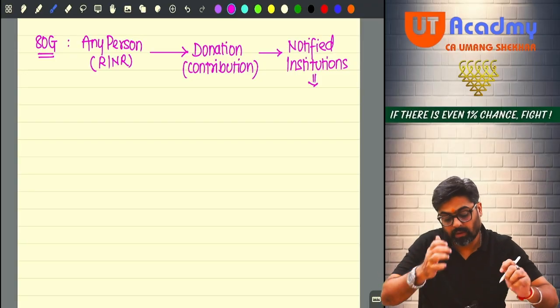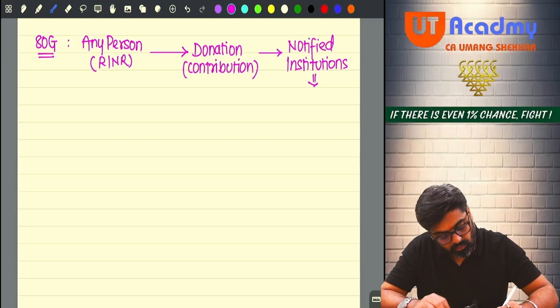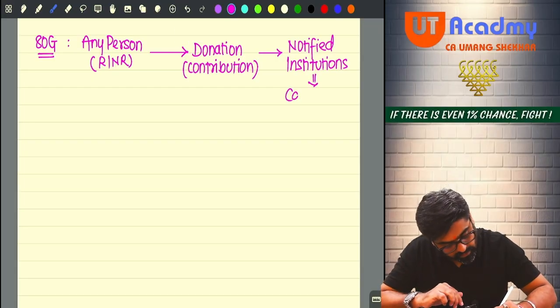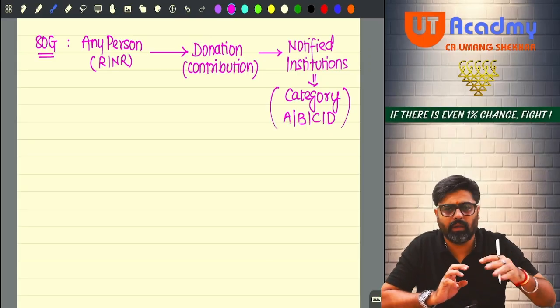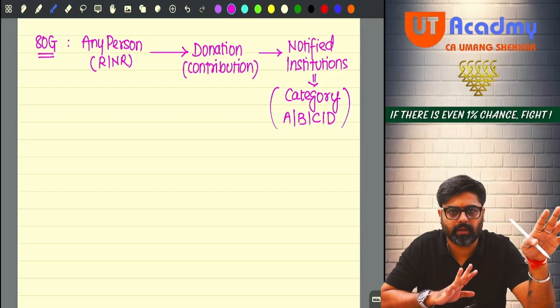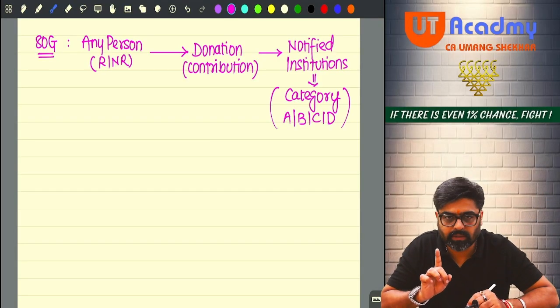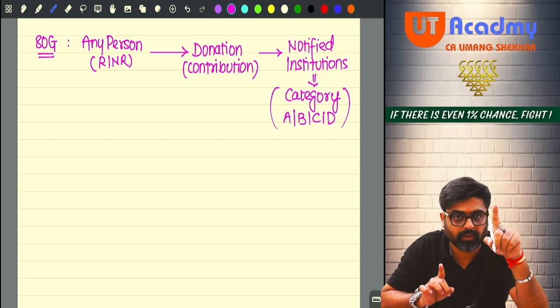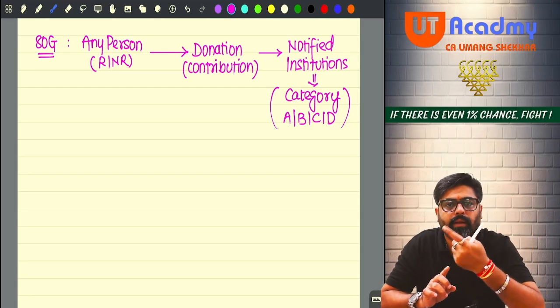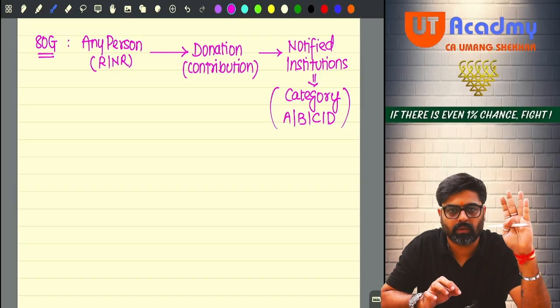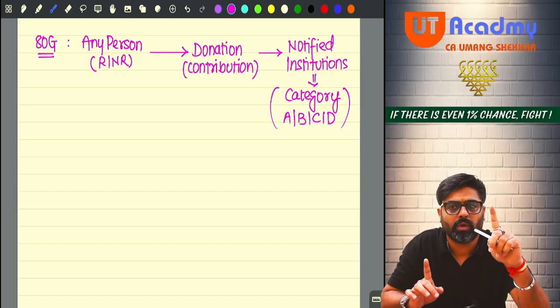Now the notified institutions I bifurcated into 4 categories: A, B, C, D. We'll learn about those categories a little bit later, but first of all, the donation must be made to these notified institutions only. If you are making a donation to anyone else and trying to claim the deduction under 80G, it will not be allowed. It will be allowed only if the donation is made to notified institutions.